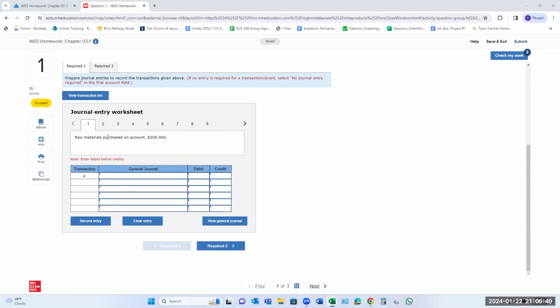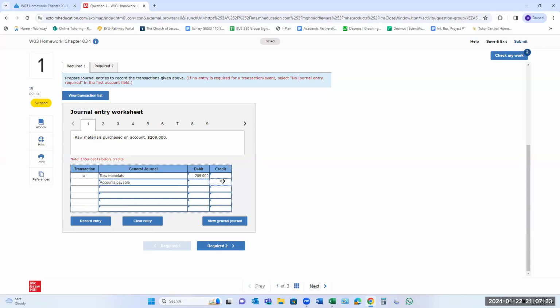So this first one, raw materials are purchased on account. That means raw materials of $209,000 is going to go into the raw materials account. And you notice I just start typing it in and it gives me this drop down menu and I click on that and it fills it in for me. So if I bought raw materials on account, that means now I owe somebody money and that goes into accounts payable, because accounts payable is for when I owe someone else money.